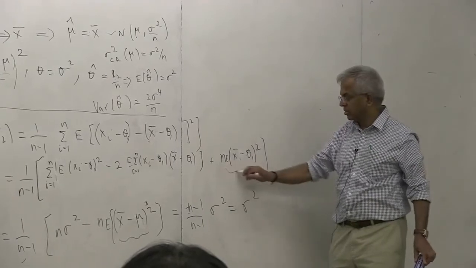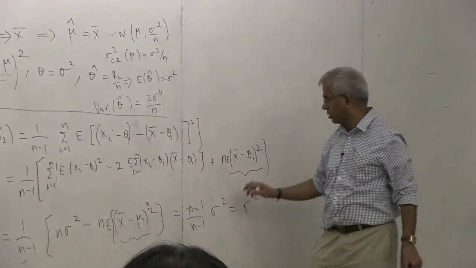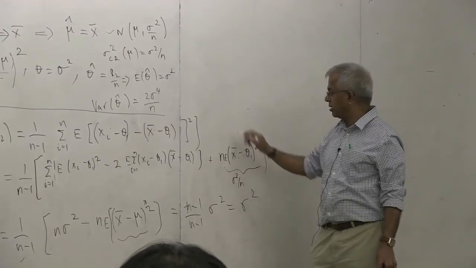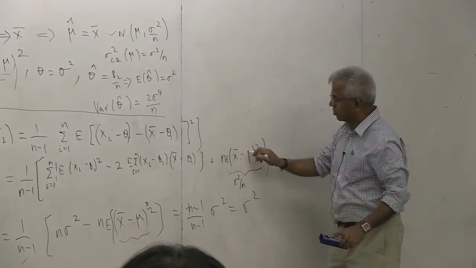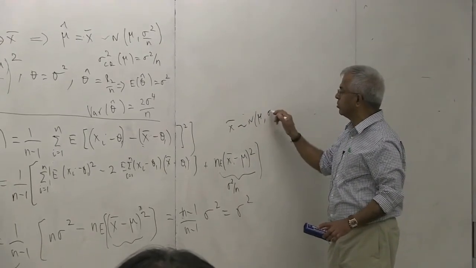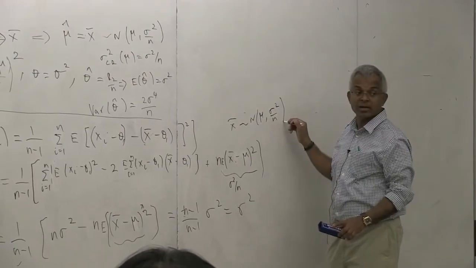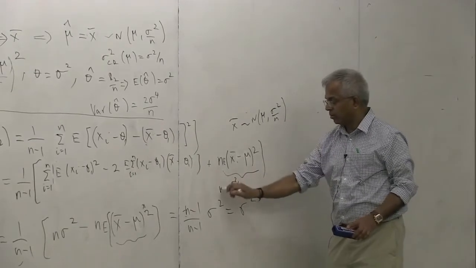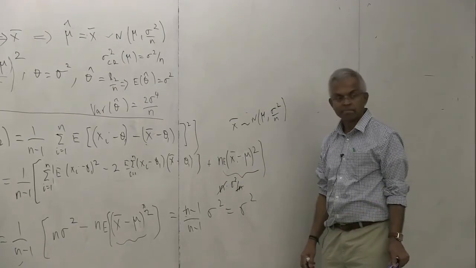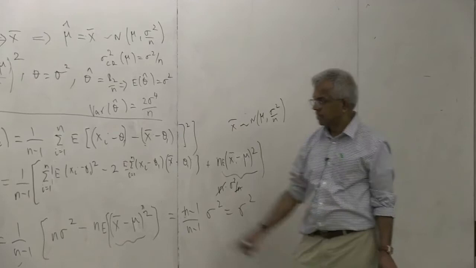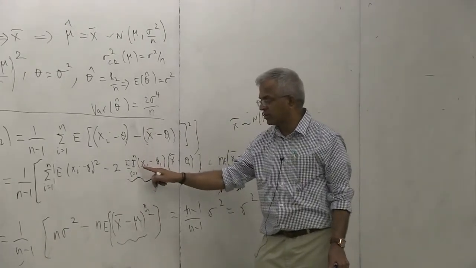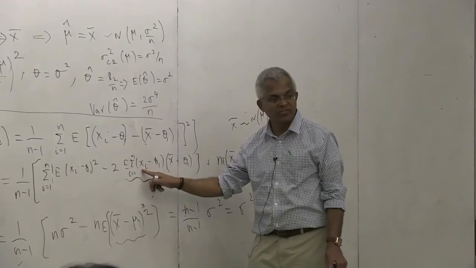You're right. But this quantity, I just showed you, is sigma squared over n, right? Because theta 1 is mu. X bar is, of course, normal with mean mu and variance sigma squared over n, right? So this is sigma squared over n multiplied by n, so this n cancels. This one is 2 sigma squared. Look here, you take the summation inside first.